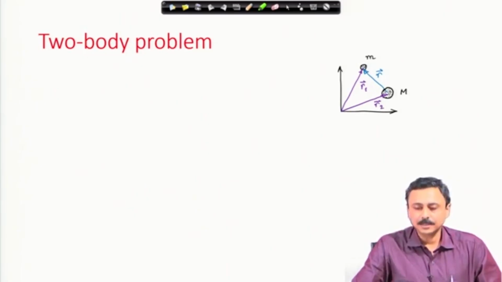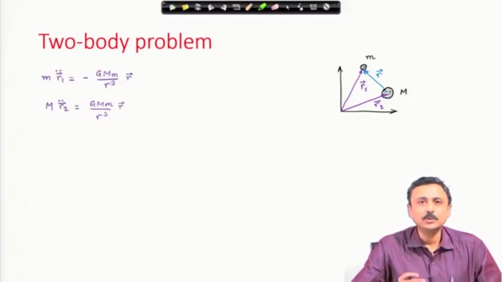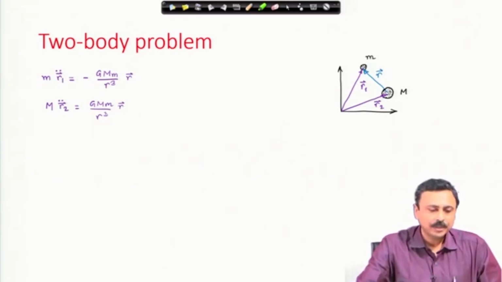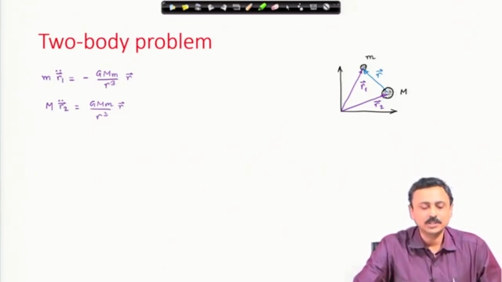If we consider this system and write down the equations of motion by using Newton's law of gravitation, Newton's second law and third law, then we get these two equations of motion for the two point masses.